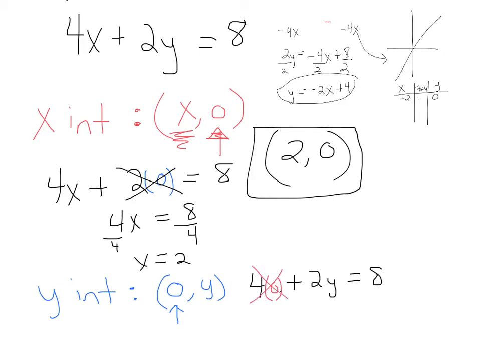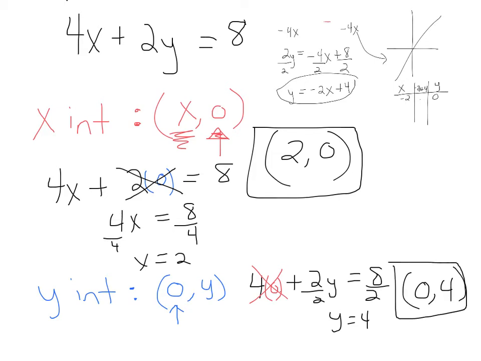And you can see 2y equals 8. Let's divide by 2 and figure out that y is equal to 4. Well, if that's the case, that means our y-intercept takes the form (0, 4). Huh. Interesting. Let's try another one.